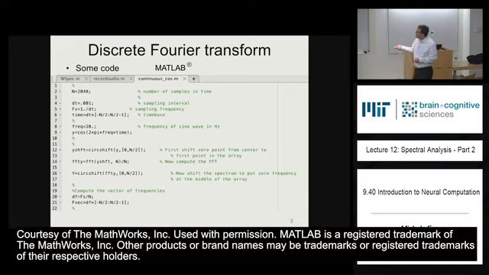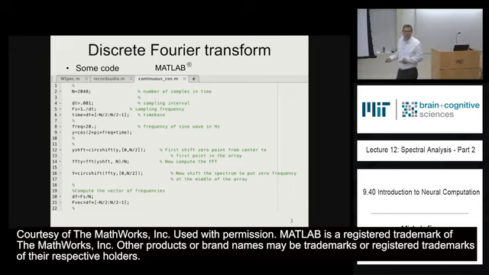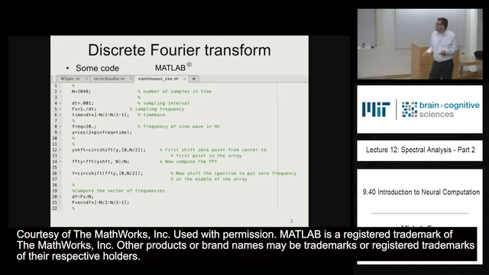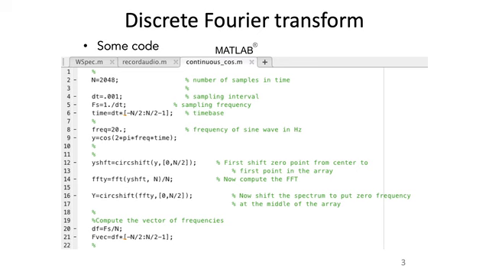So last time I gave you this little piece of code that allows you to compute the discrete Fourier transform using this MATLAB function FFT. And we talked about how in order to do this properly, you should first circularly shift.